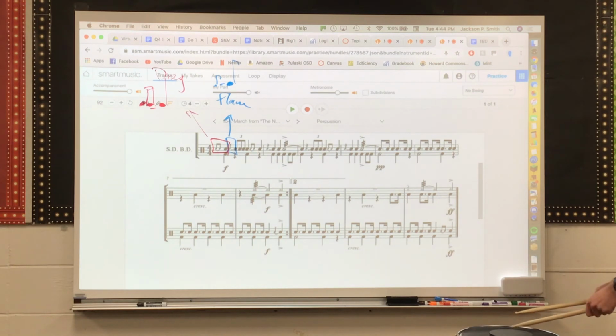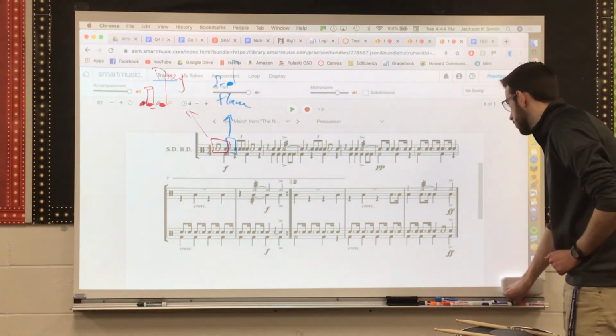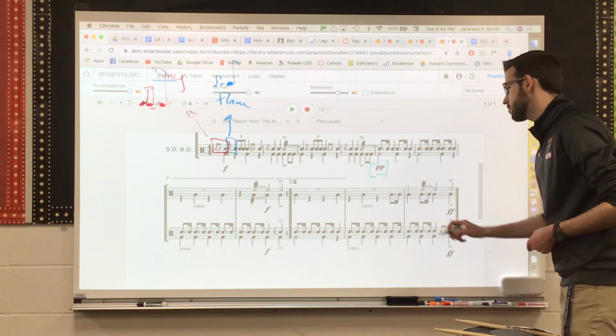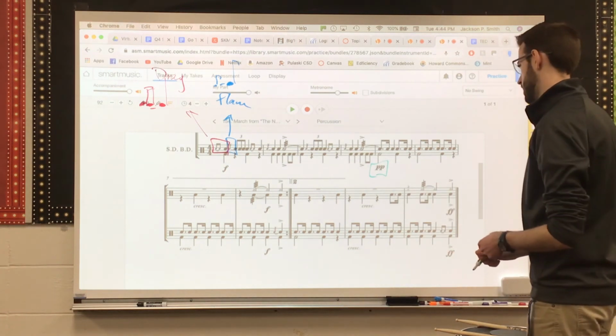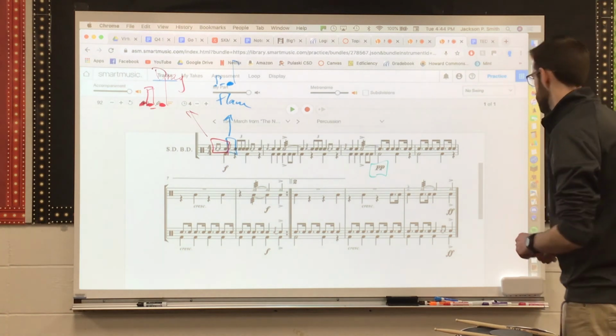Because it's really felt in triplets, this one. Okay, and then careful of your dynamics, just like the wind players have to be careful. Here's pianissimo here, and the first and second endings.